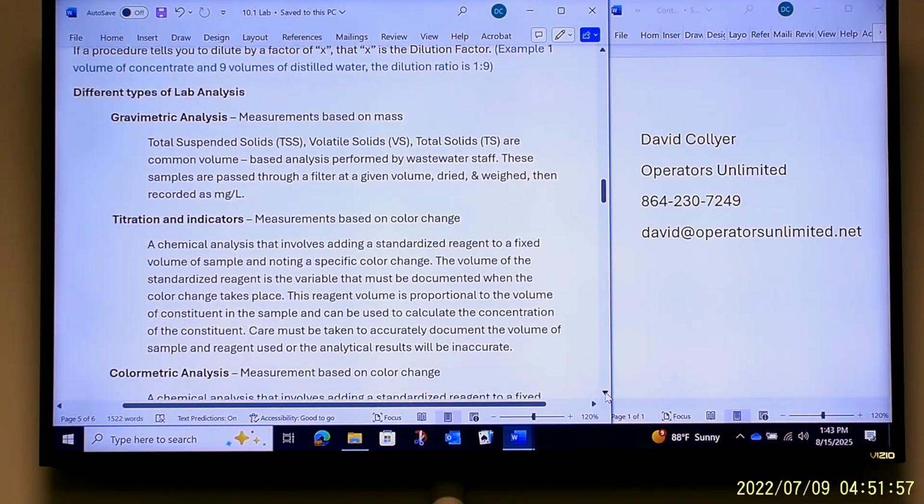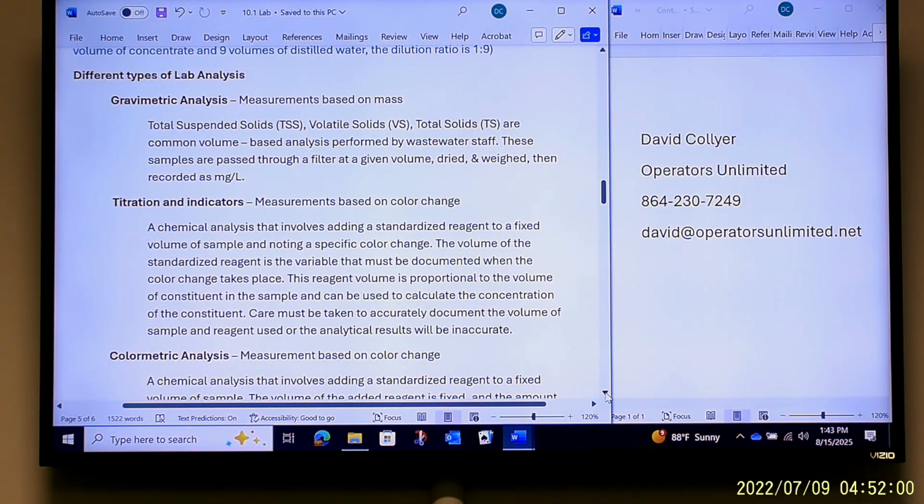In the lab, there are different types of analysis. We're going to start with some of these basic types of analysis, not the test itself, but the different families of analysis. So a gravimetric analysis is a measurement based on mass.